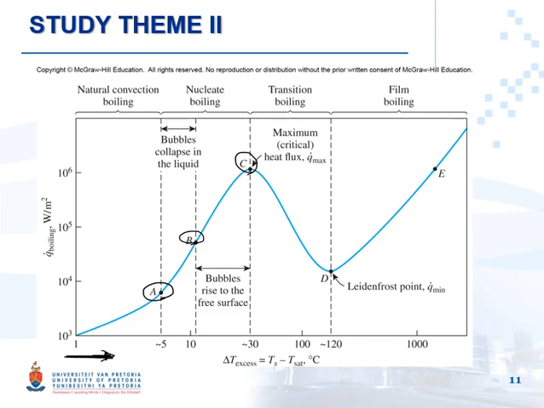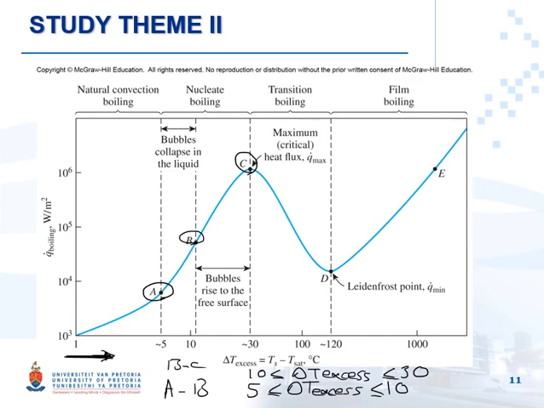From the picture, we see that nucleate boiling has been divided into two subsections, as I mentioned, A to B, 5 delta T excess 10, and B to C, 10 delta T excess 30.